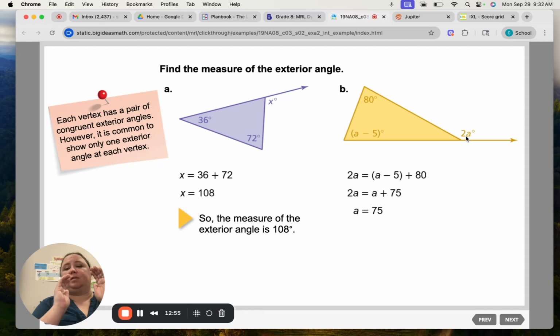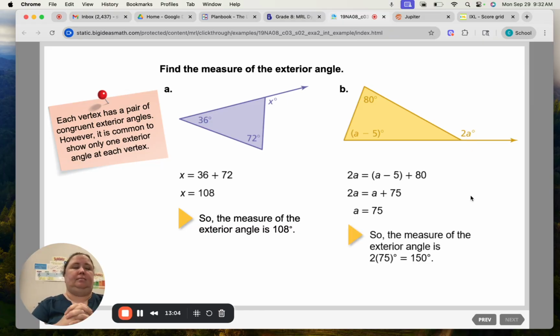So 2 next to parentheses of 75 is what kind of math? Multiplication. So what's 75 times 2? So the measure of that exterior angle is 150 degrees, which makes sense because you see how it's a big, huge, wide angle? An obtuse angle rather than less than 90.